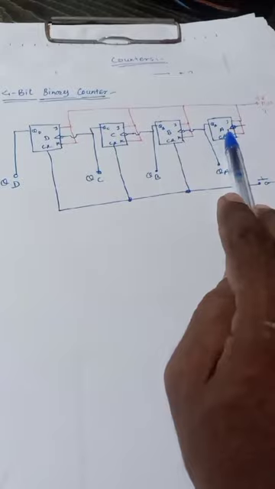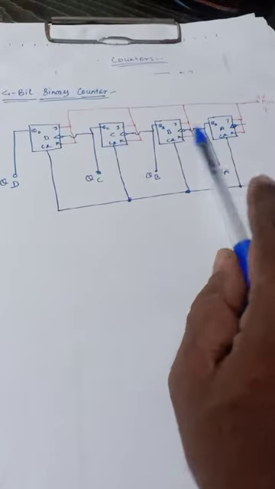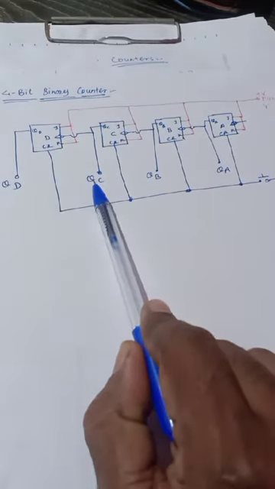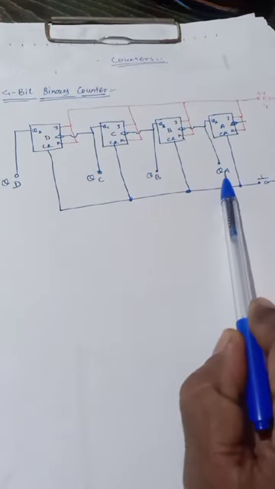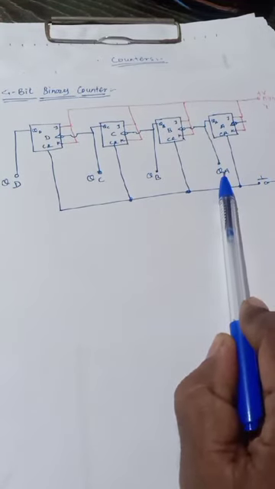Okay, so this is a T flip-flop, and this is a 4-bit counter, so each output of a flip-flop is used as one output bit. This is the most significant bit and this is the least significant bit of the output binary.